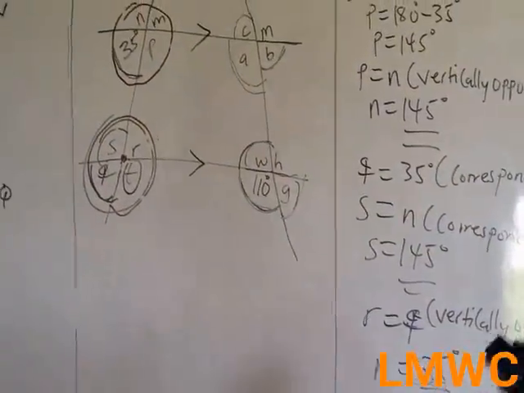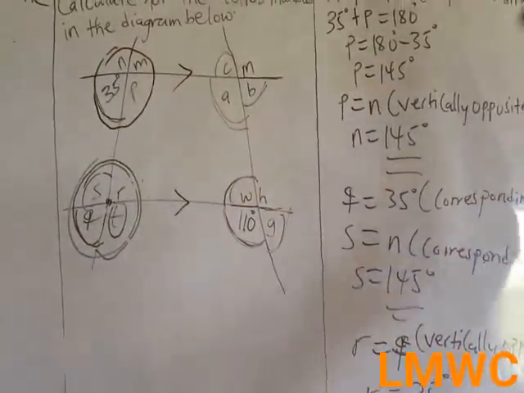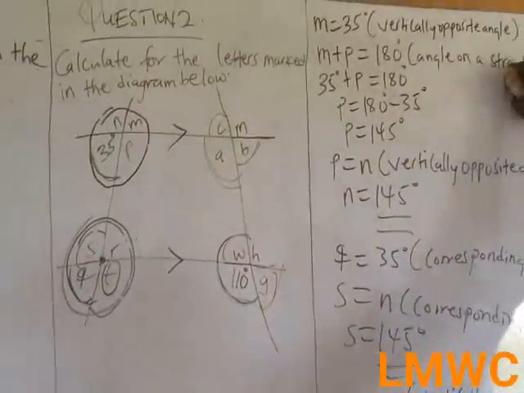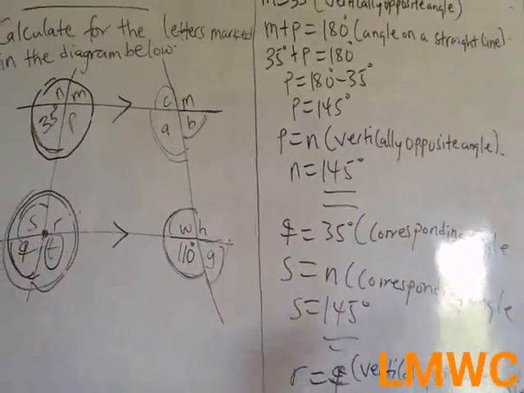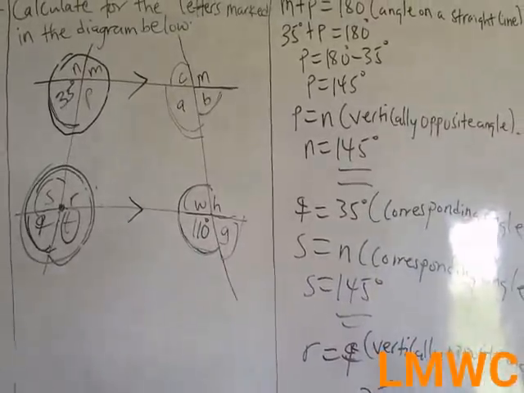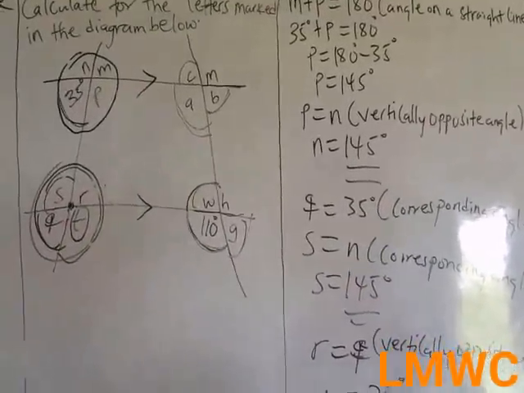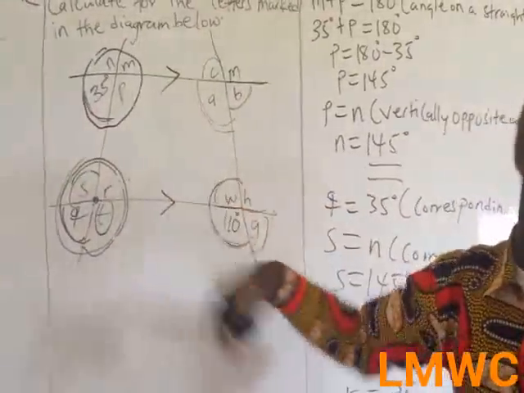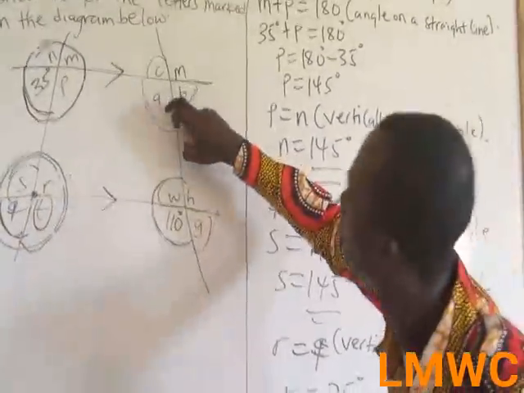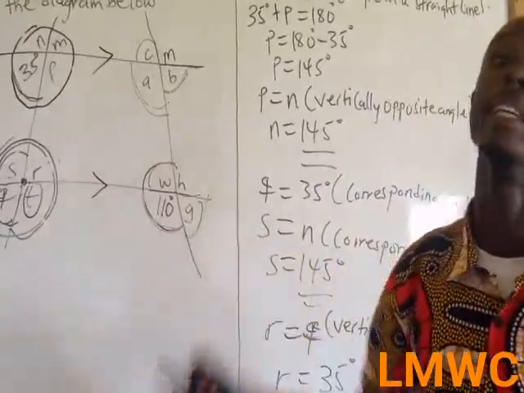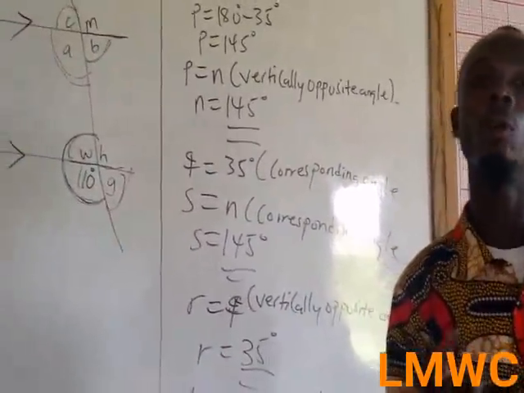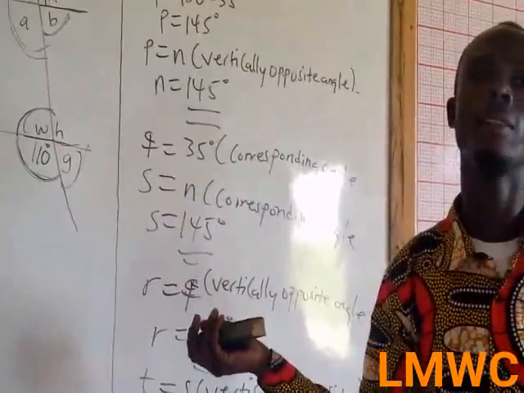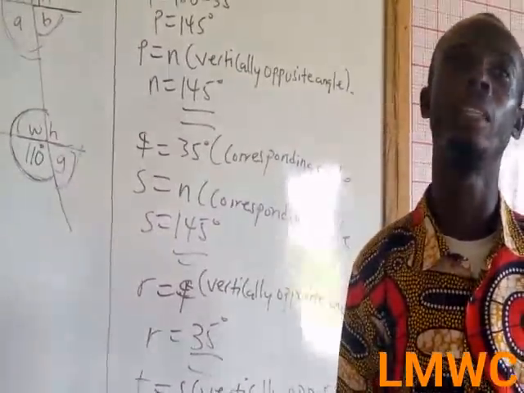I wanted it to be simple because with corresponding angle, you see, I used angle on a straight line, vertically opposite and corresponding angle. I didn't want to see myself struggling. Even though I understand co-interior angle, I can apply it easily here. A plus W is equal to what? 180. They are co-interior angles. But once you understand the concept, you use simple angles and it will be straightforward.